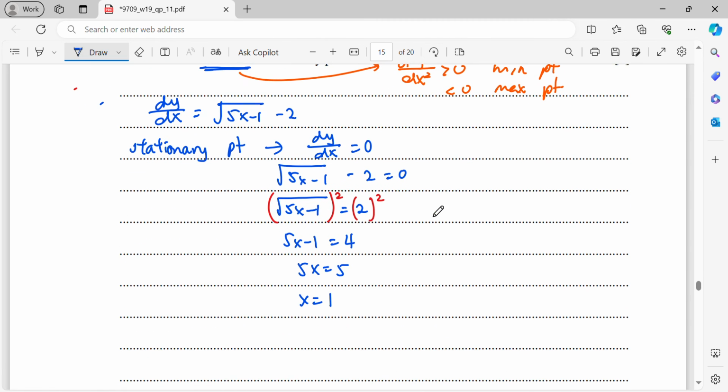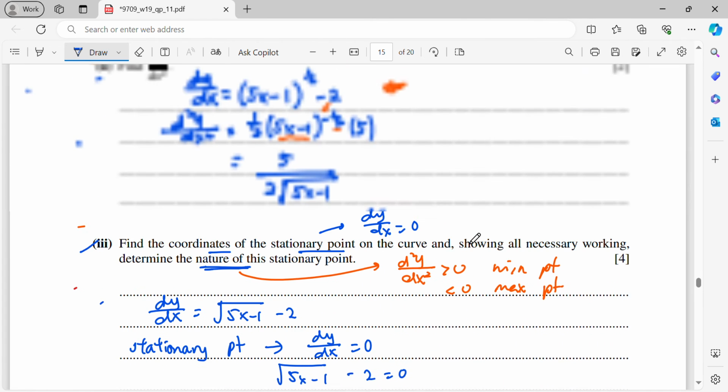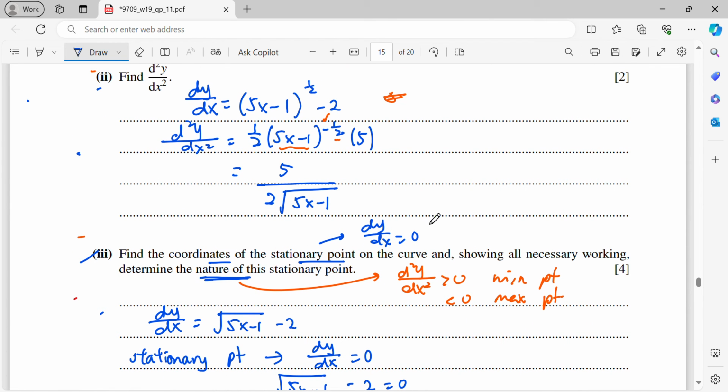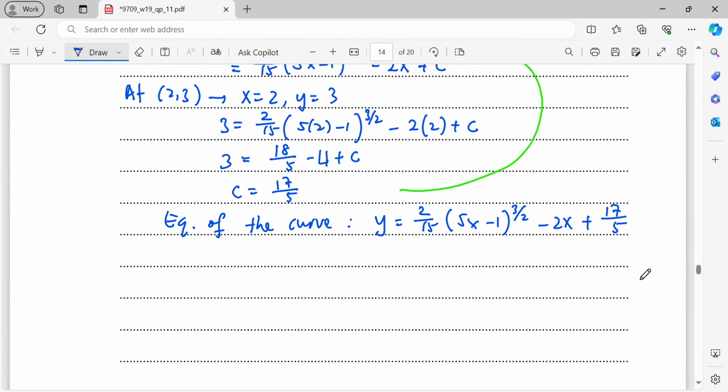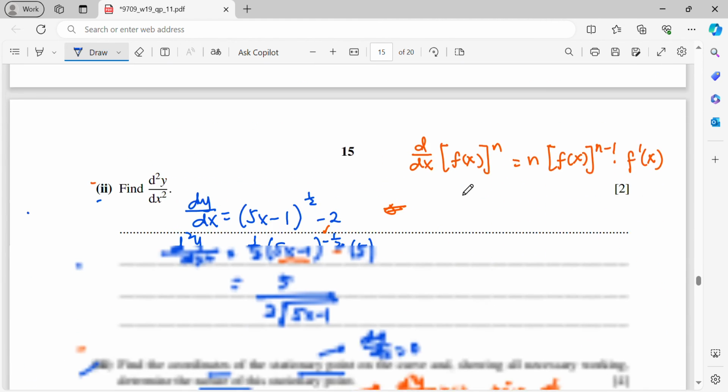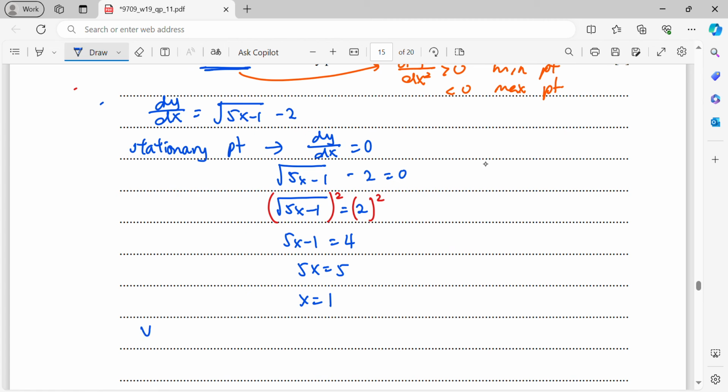So when my x equals 1, I need to get the y coordinate because of the coordinates of the stationary point. Therefore, I have to refer back. This is my y, so I will have to copy this expression and replace the x accordingly. So my y equals 2 over 15 times (5x minus 1) to the power of 3 over 2, minus 2x, then plus 17 over 5. So when x equals 1, just replace.